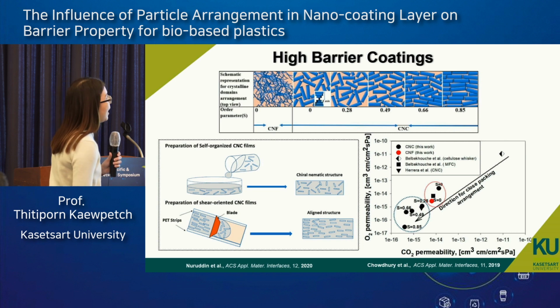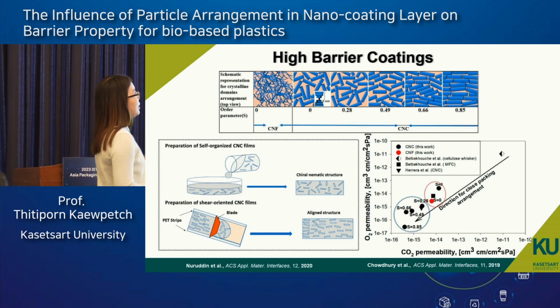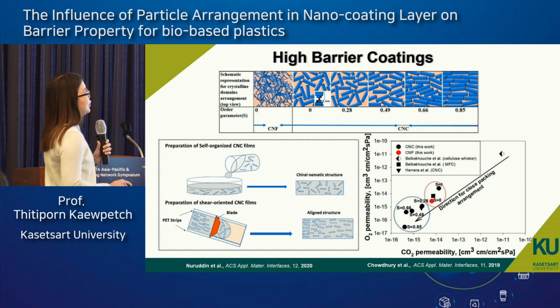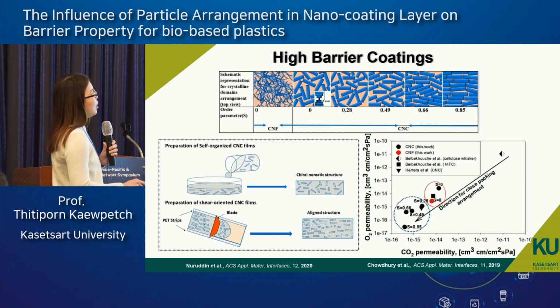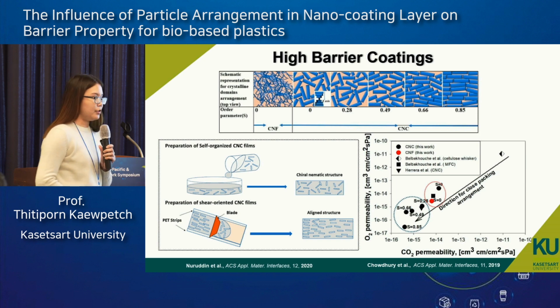You can see here that, from the random packing of the structure of the coating layers, when you use higher shear force, you get a more ordered structure of the coating layers.